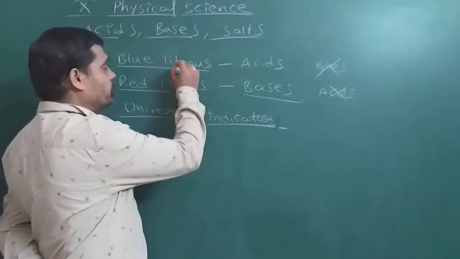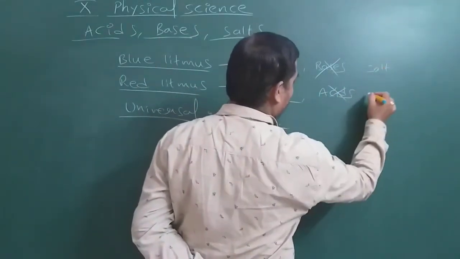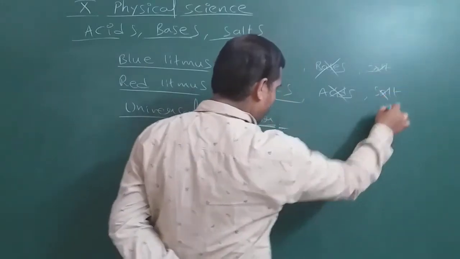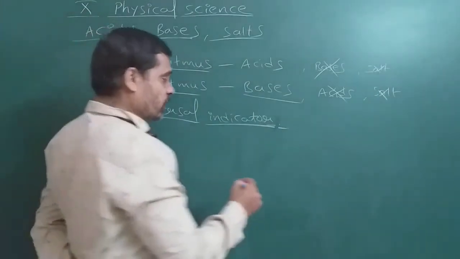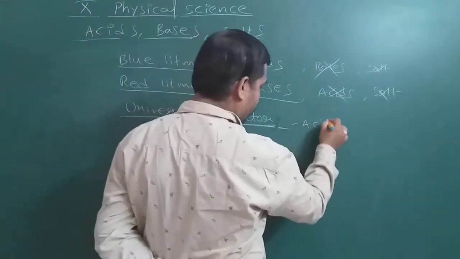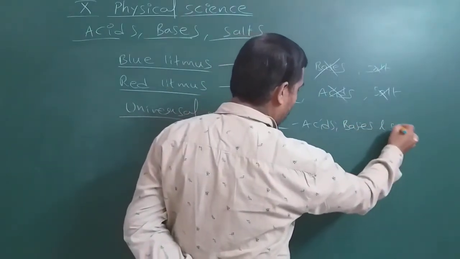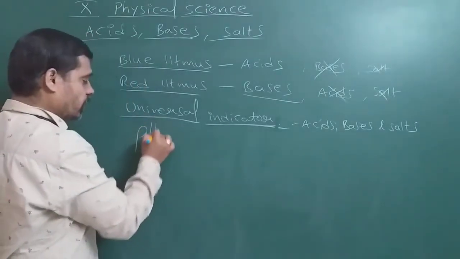With blue litmus paper and red litmus paper, we cannot test for salt also. Why? They won't change their color. But with the universal indicator, we can test for acids, bases and also salts. That universal indicator is known as pH.